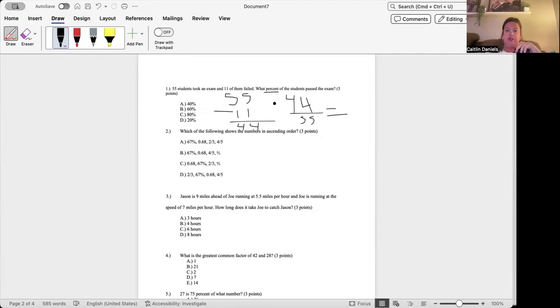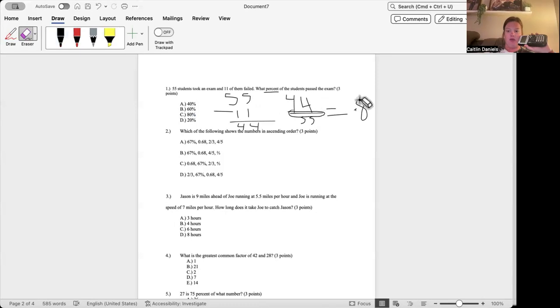And we're going to use this little, pretend this is a divider. So we're going to divide 44 into 55 to get the percent. So get my calculator out here. 44 divided by 55 is 0.8, the decimal that we get.